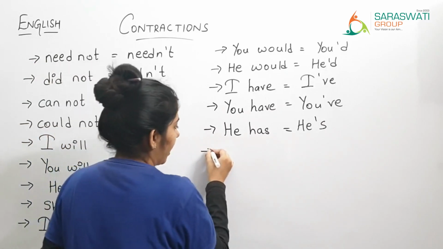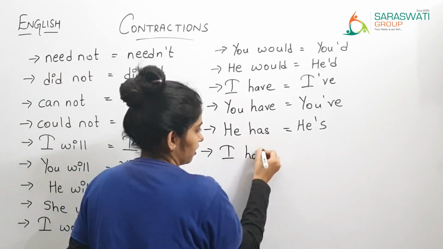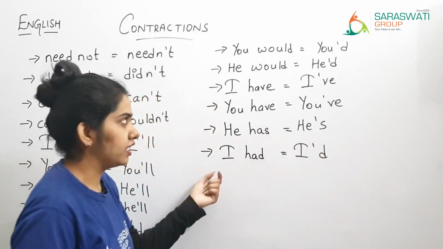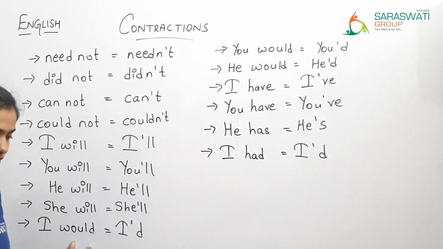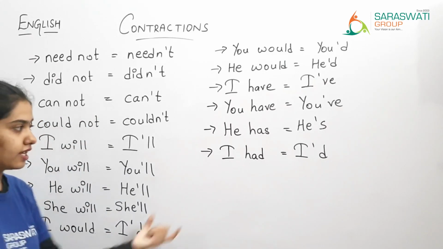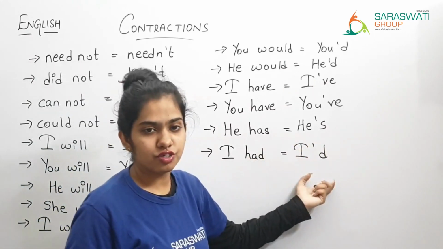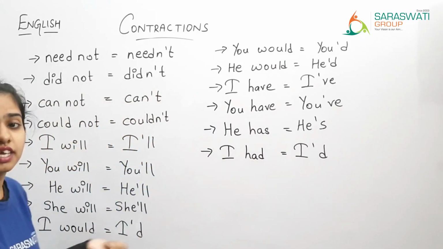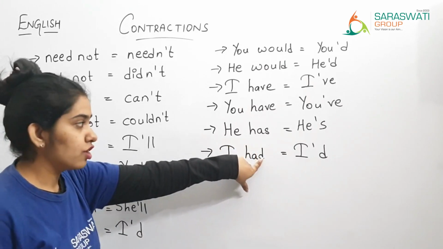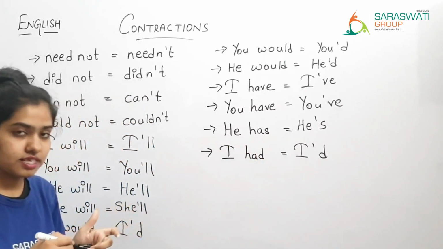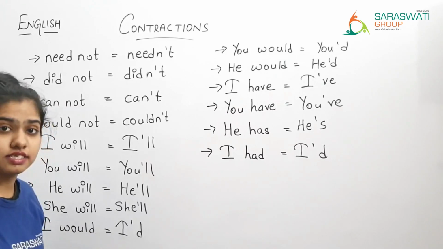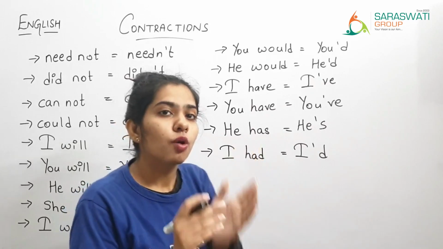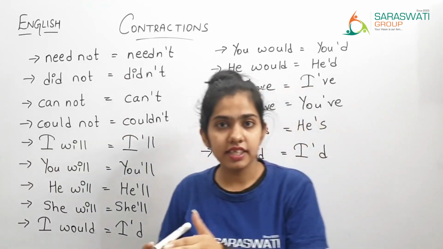Then afterward I had. So again for had, apostrophe D. In the same way I would, I apostrophe D, I had, I apostrophe D. So again here you will get confused whether I would will come or I had will come. So again you have to read the sentence. When there are such words, you have to read the sentence and then identify which is the proper match here: I had or I would.